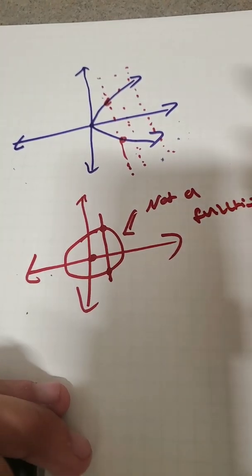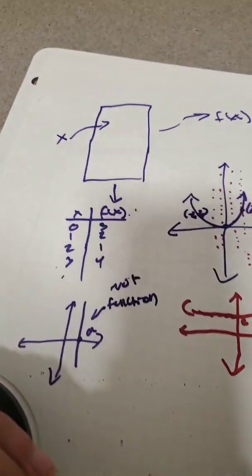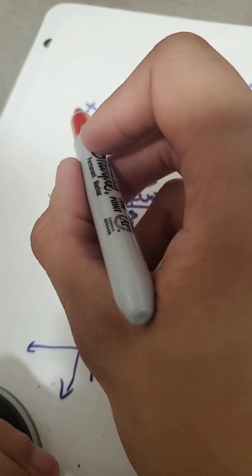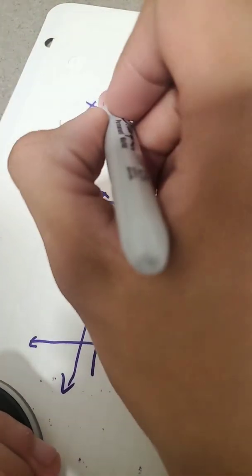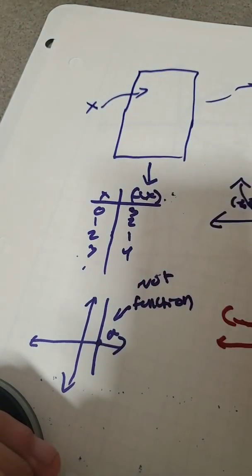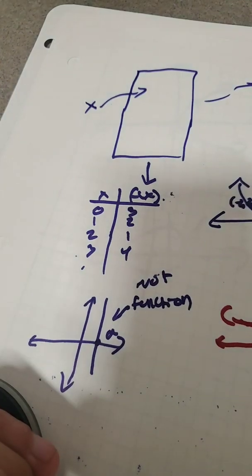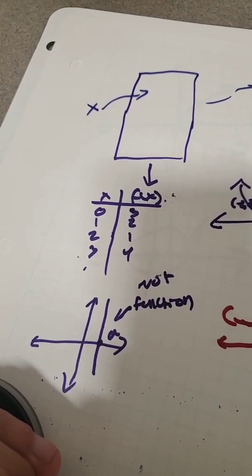Just to recap, in a previous video we defined a function as one unique output for every input, meaning only one y for every x, or one f of x for one x.